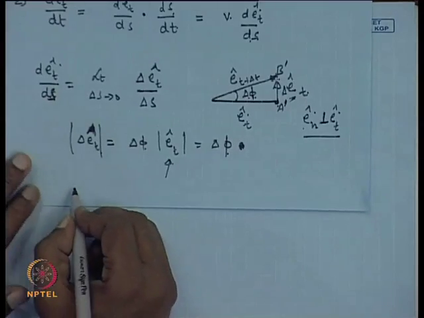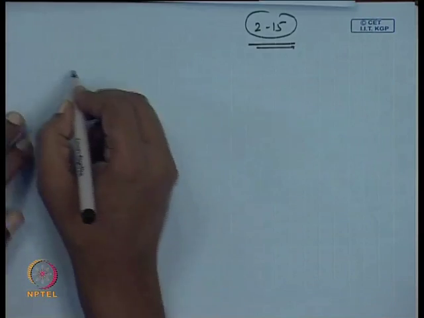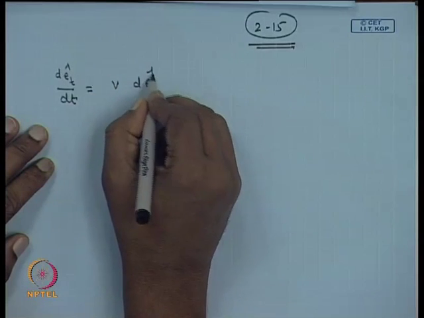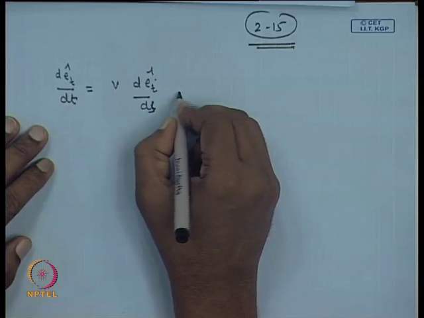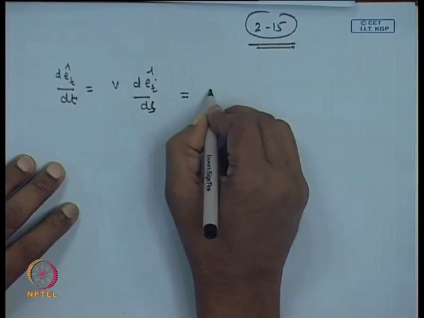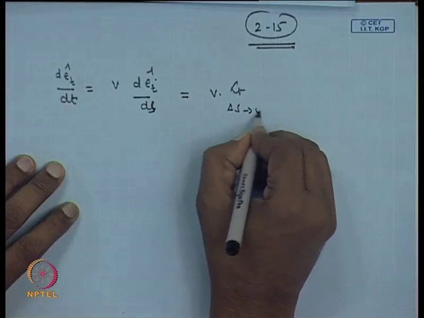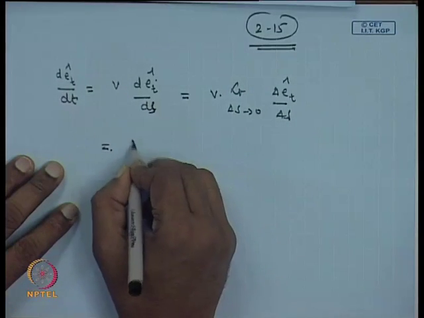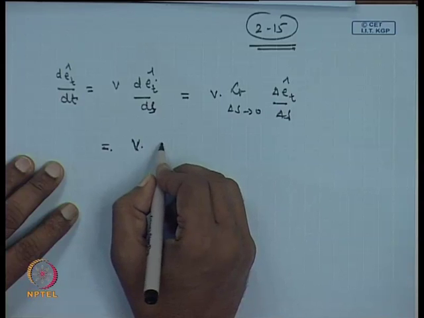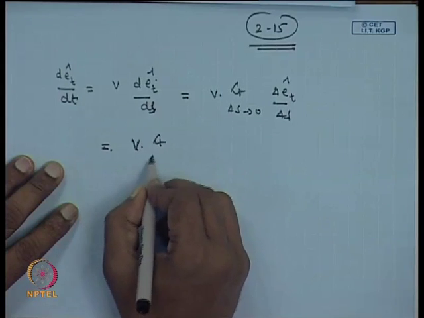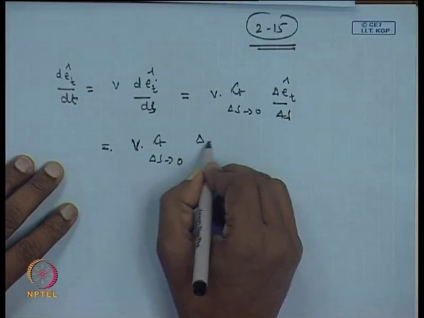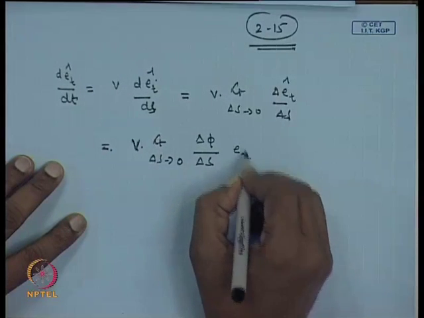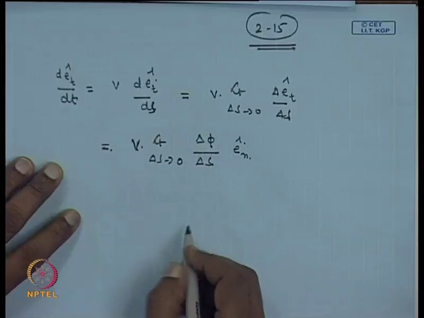So, therefore, d Et cap by dt can be written as V times d Et cap by ds, which is V times the limit delta s tends to 0 of delta Et cap by delta s, and this reduces to delta phi by delta s times En cap, with the limit delta s tends to 0.